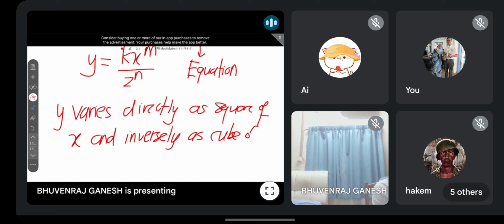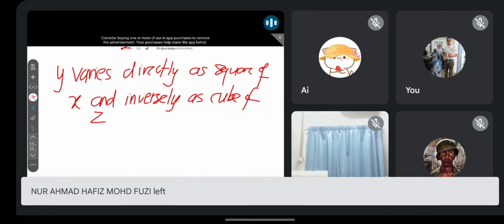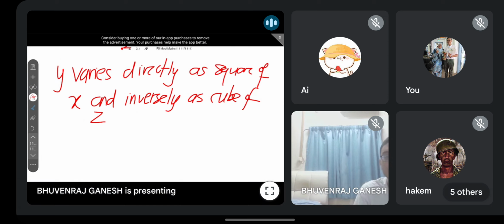Now the question will ask you to type out the variation for this. You have to tell the variation form for this one. So how to do it? Directly as square of x. Y varies directly as x squared.